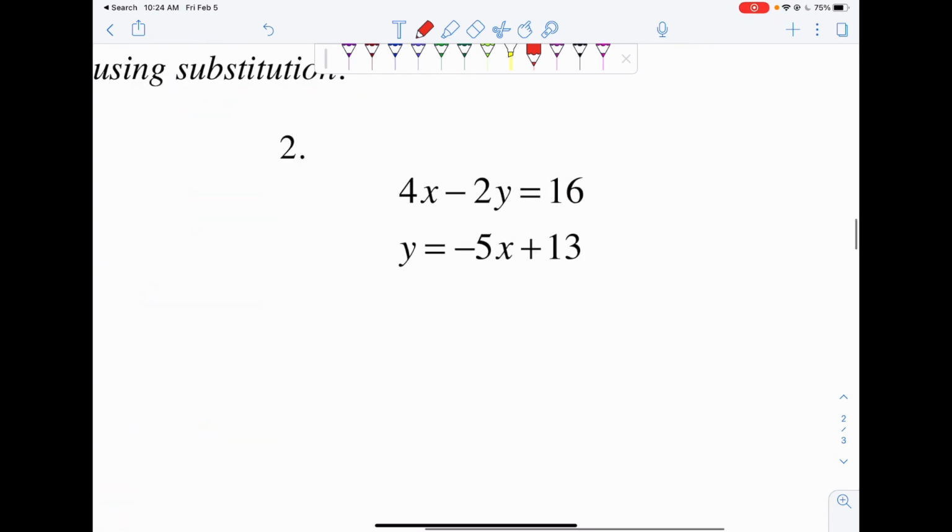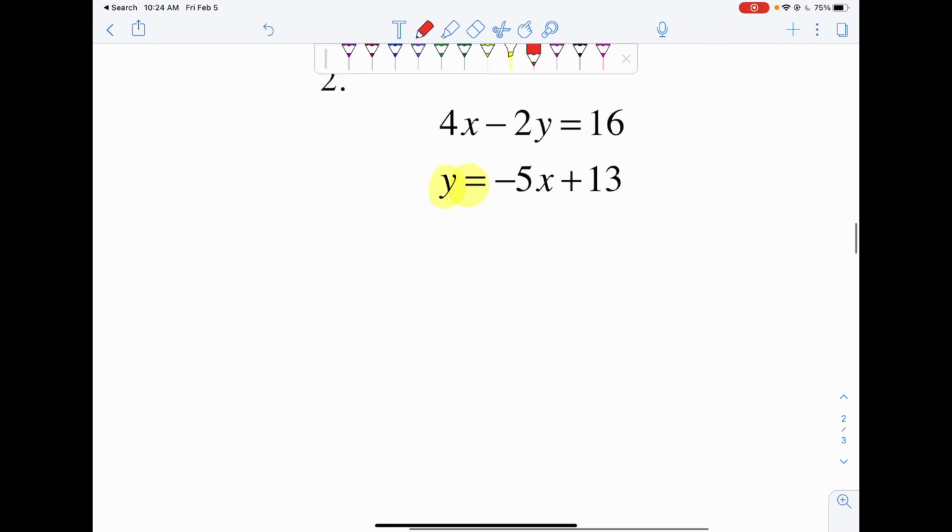I have 4x minus 2y equals 16, and y equals -5x plus 13. So if I look, one of my equations is already in the form y equals. So how I approach is, that's the equation I'm going to be substituting. So I write my original equation, 4x minus 2y equals 16, and everywhere I see a y, I'm going to substitute my -5x plus 13.